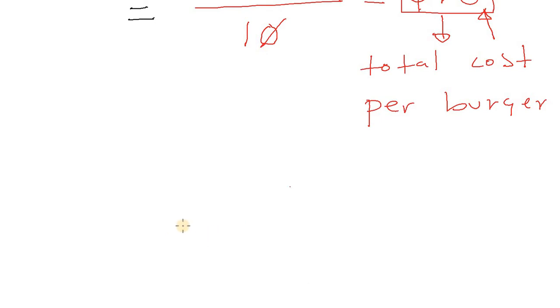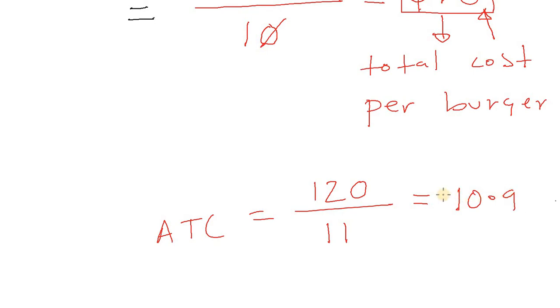When you're producing 11 burgers, just as you saw above, you are incurring a total cost of $120. If you do the math, you get approximately $11, or $10.9 using a calculator. So this is the total cost per burger when you're making 11 burgers.